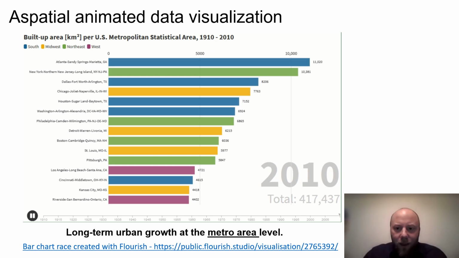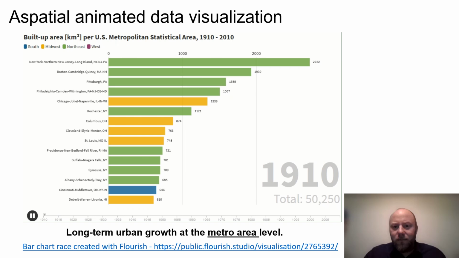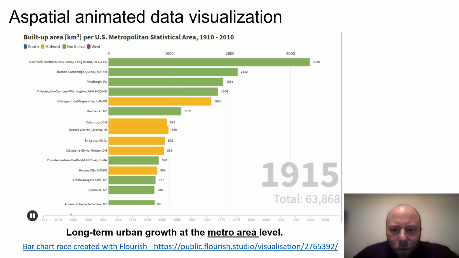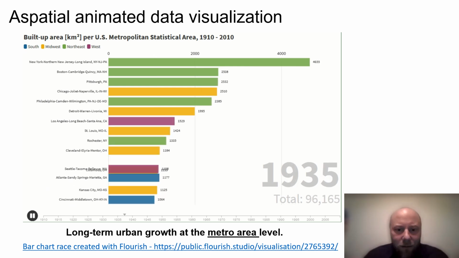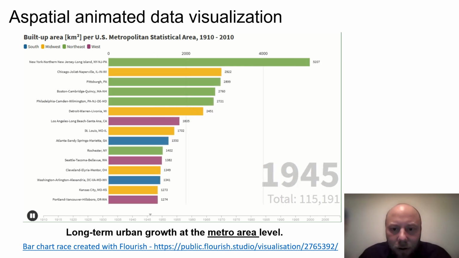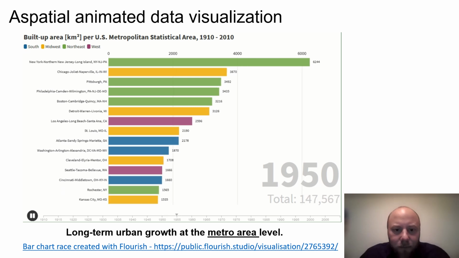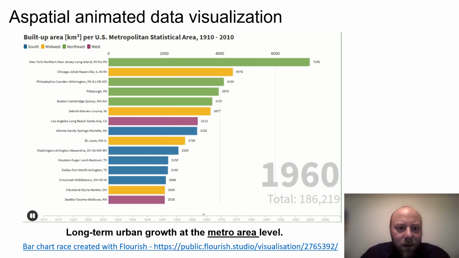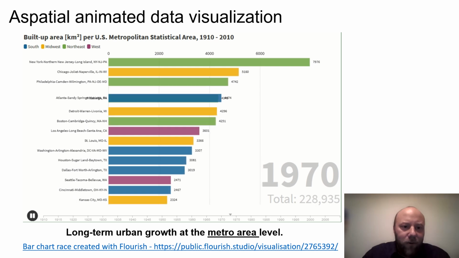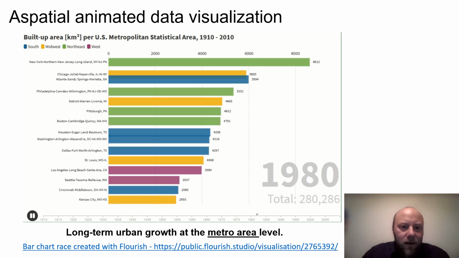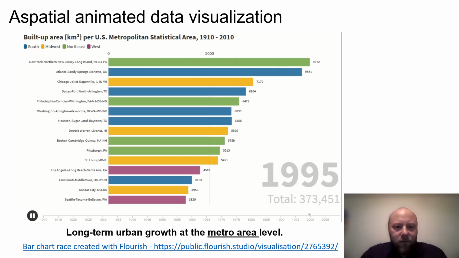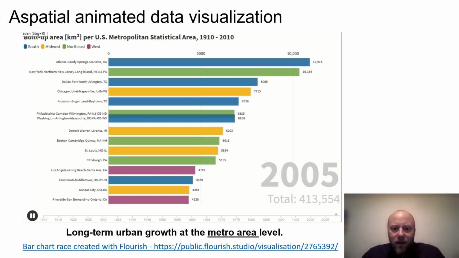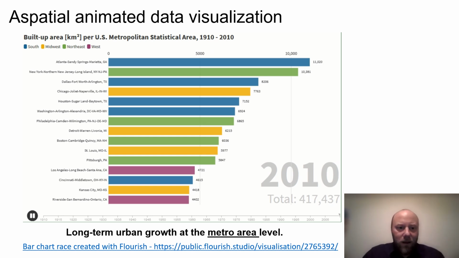So again, from a visualization point of view, we have time, which is the temporal dimension here. We have geographic space encoded in the form of the 4 census regions, so we have some intuition of where these cities are located, and we have the magnitude, which would be the built-up area, and how that changes over time.